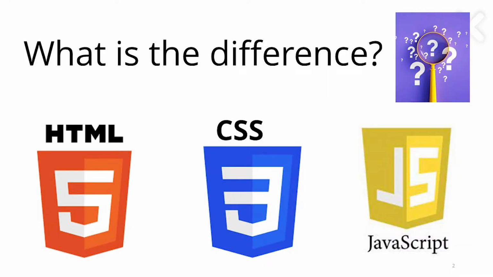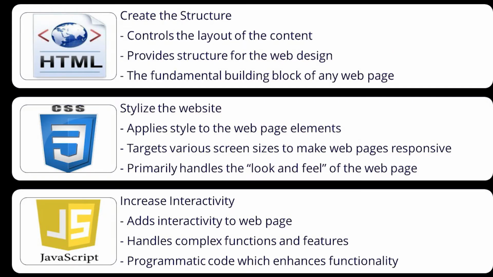Before we move further, let's understand the difference between HTML, CSS, and JavaScript. When you're designing or developing a website, there are three different coding languages that you will want to be aware of, which are HTML, CSS, and JavaScript. You might be wondering what you can do with each programming language.